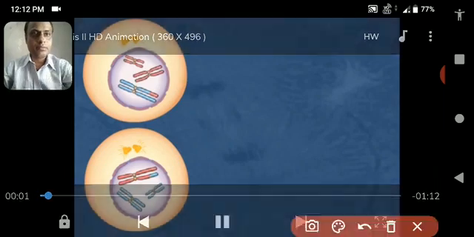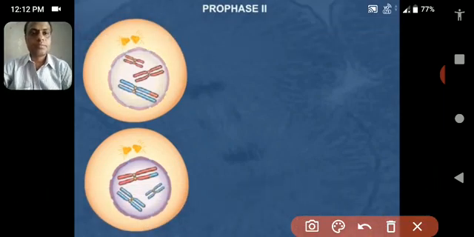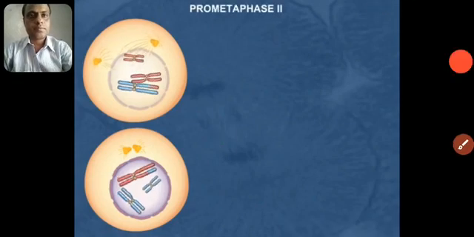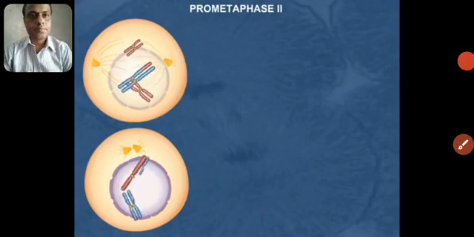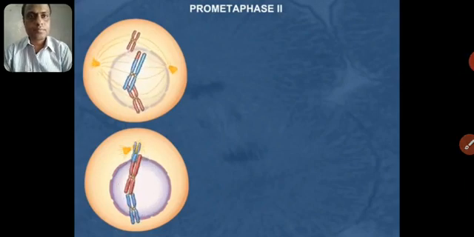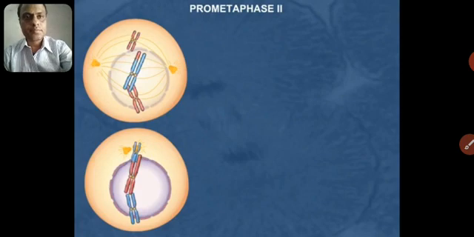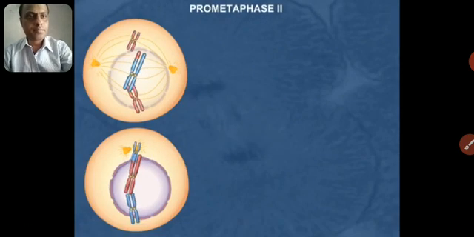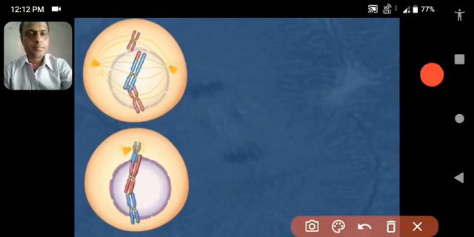In prophase 2, the chromosomes condense again, and the nuclear membrane vesiculates. During prometaphase 2, the spindle apparatus forms, and the sister chromatids become attached to kinetochore microtubules. In this case, a pair of sister chromatids is attached to both poles, not just one pole as in prometaphase 1.